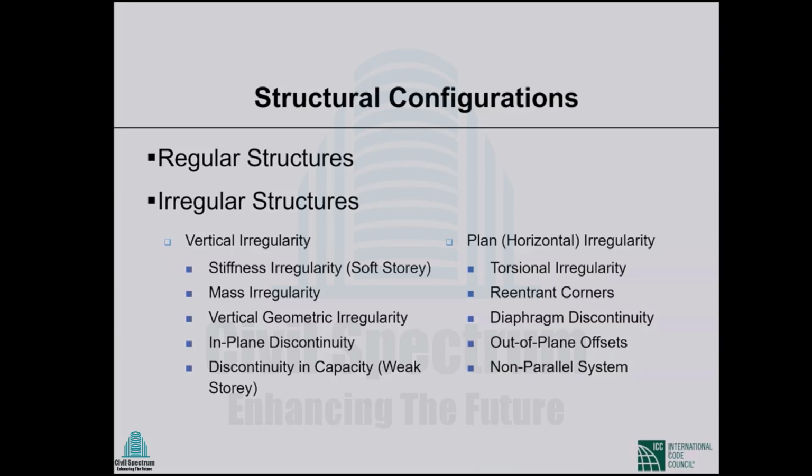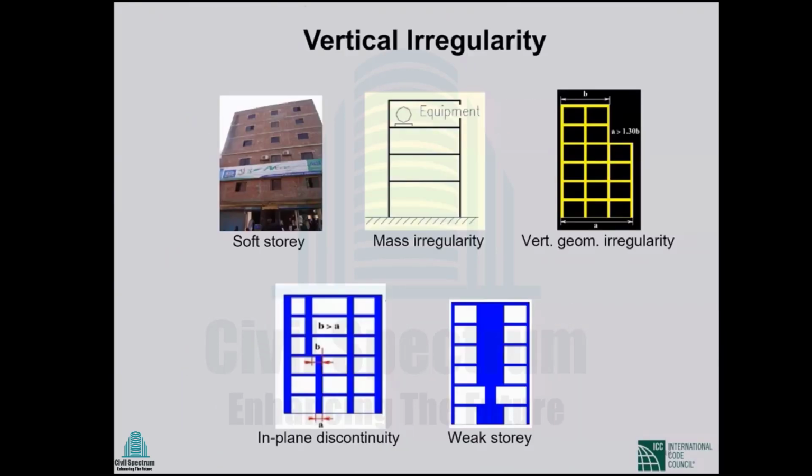Those irregularities are called vertical irregularities, and the irregularities that we can see from the top view or plan view of floors, if we find irregularity in floor plans, are called plan irregularity or horizontal irregularity. Now, let's see what the vertical irregularities are. There may be 5 types of vertical irregularities.